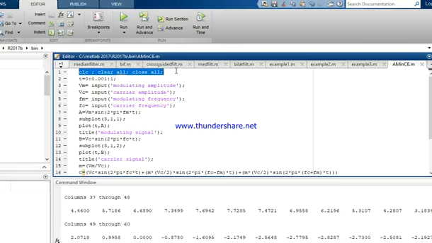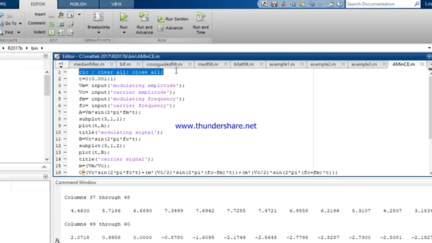First we should know for which purpose we are using MATLAB, the mathematical laboratory. Any concept which we want to prove mathematically, or calculate mathematically, we can do using MATLAB software.